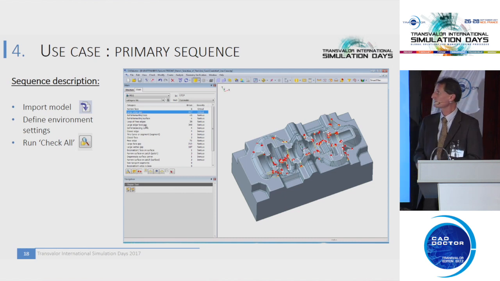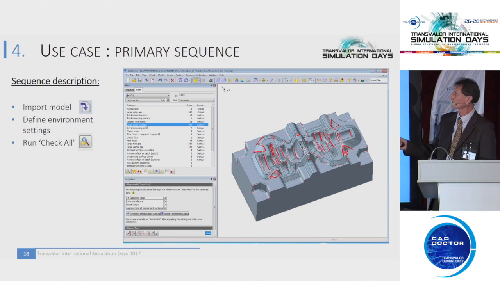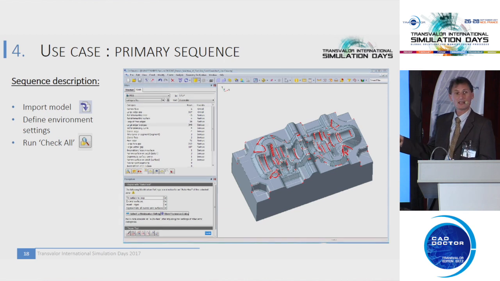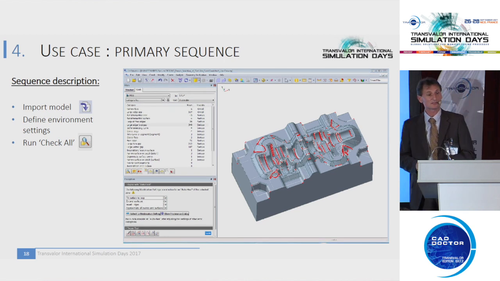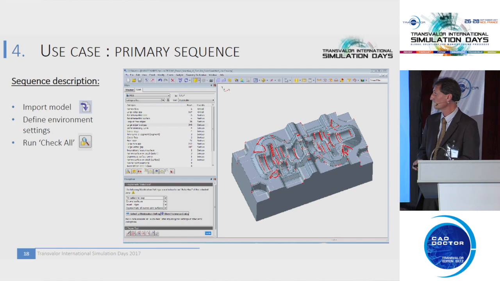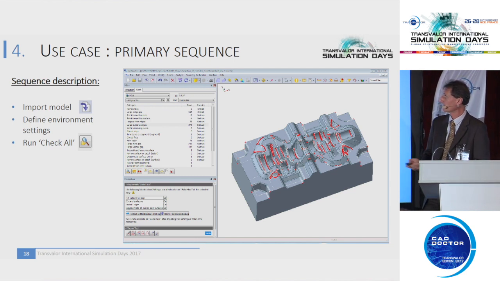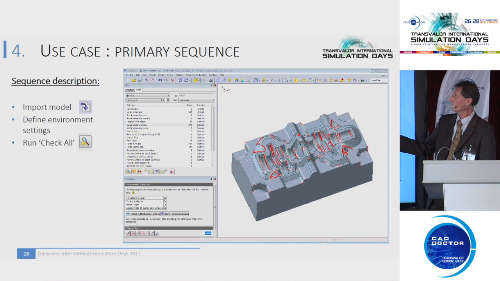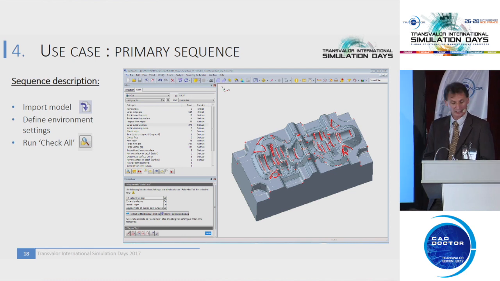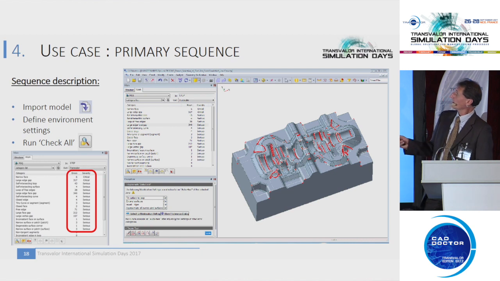So during that step, the CADdoctor will detect every potential error in the modeling, in the CAD file, and will output right here the different kinds of errors from the critical ones down to the serious or the minor ones.